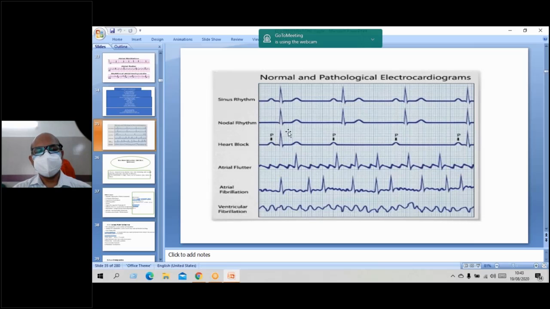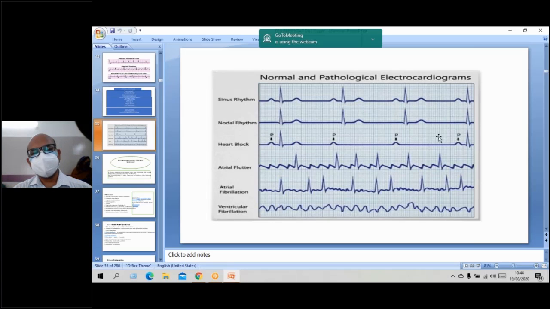This is a heart block. Why heart block? Because there is variable PR. In heart block there is block of conduction from atria to ventricle, because this conductive system passes through both areas, atrium as well as ventricle.